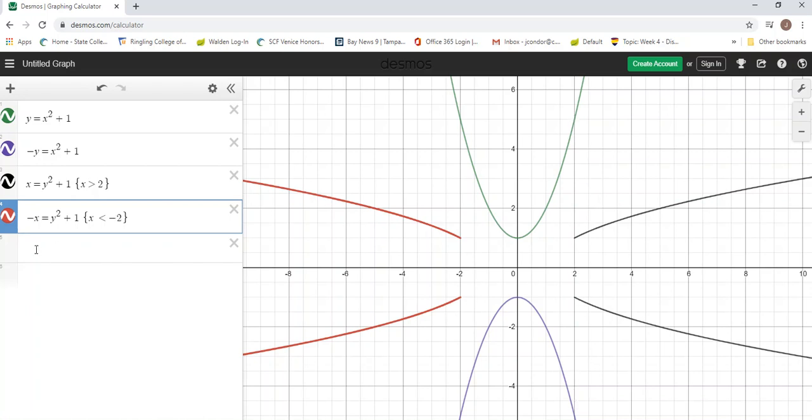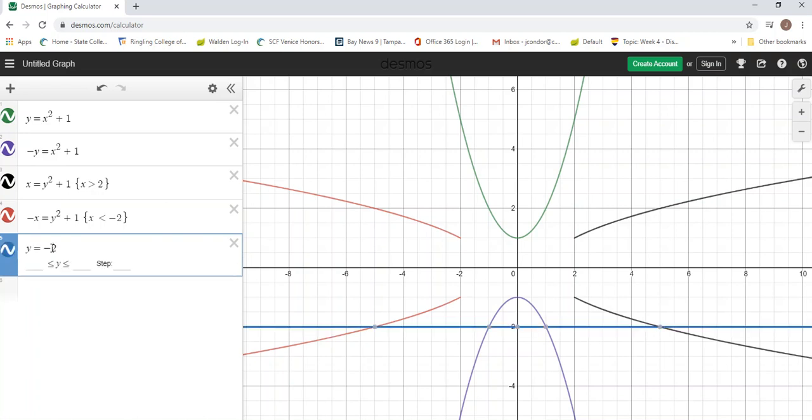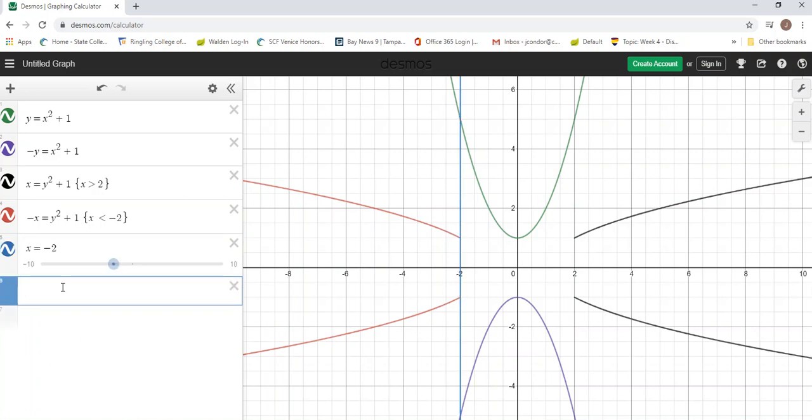So y equal to -2, and x equal to 2. And again, we could cut these off somewhere.